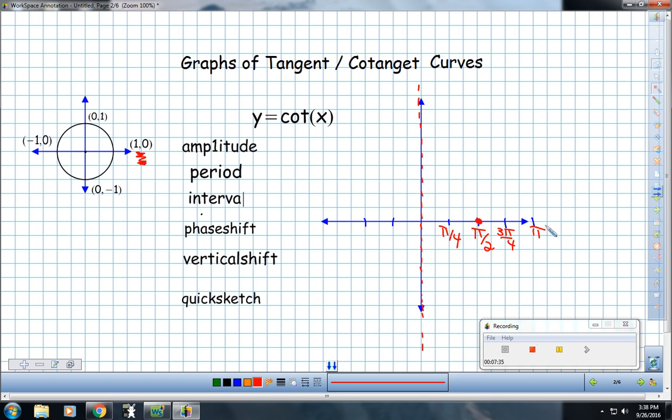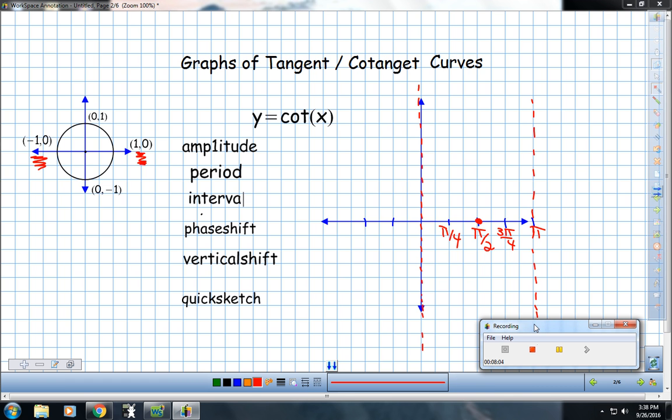Okay, so let's carry on here. So far we have an asymptote at 0. Let's figure out what's going on out at pi. So if we take the cotangent of pi over here on our unit circle, we're at the ordered pair negative 1, 0. Cotangent is x over y, or negative 1 over 0. 0 is under, so at pi it is undefined.